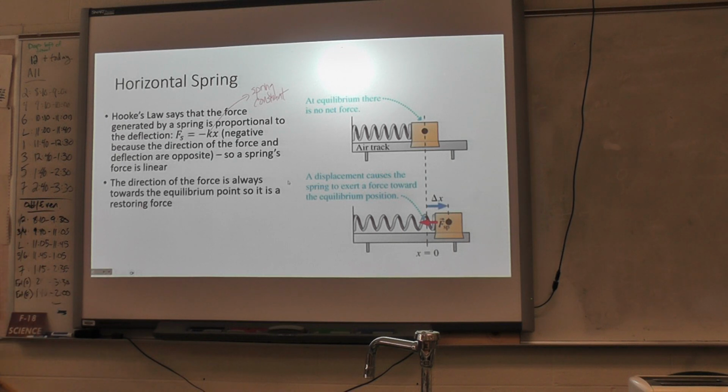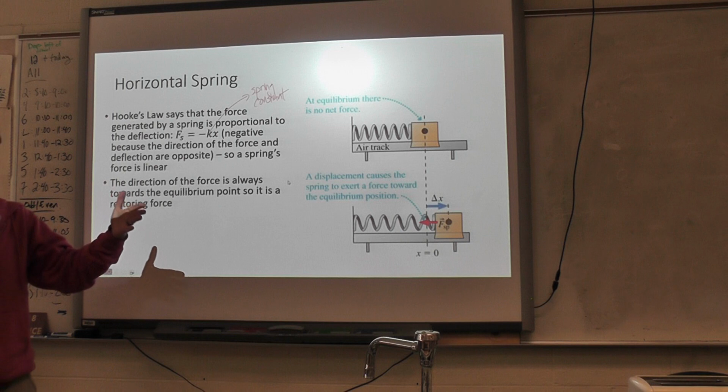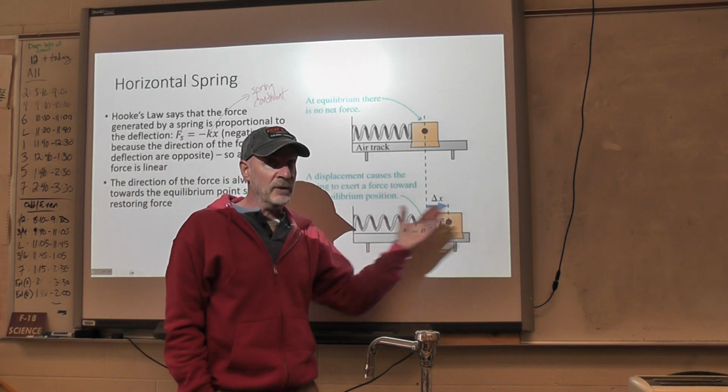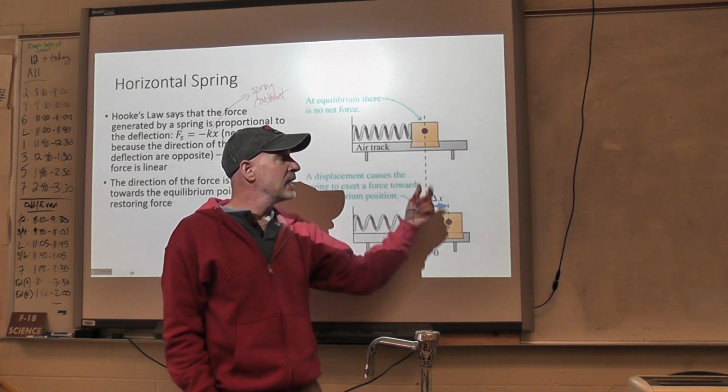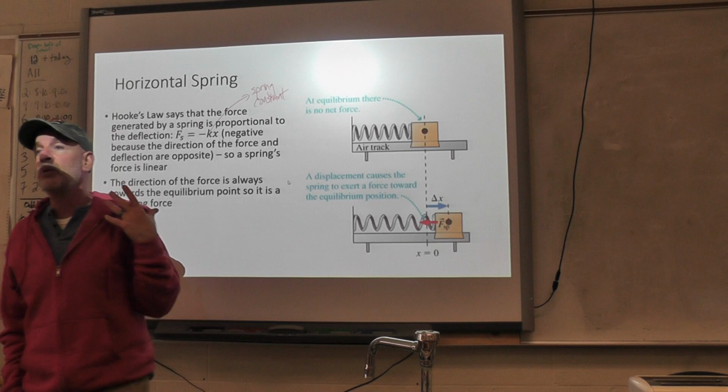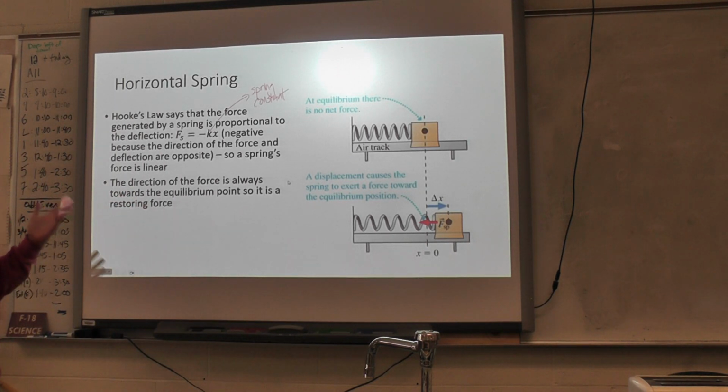And since the direction is always opposite of the way that you've moved relative to the equilibrium point, if you pull it away from the equilibrium point, the spring will pull back. If you push it away from the equilibrium point, the spring will push back. Then it's a restoring force. So we can see that a horizontal spring is going to be a linear restoring force.